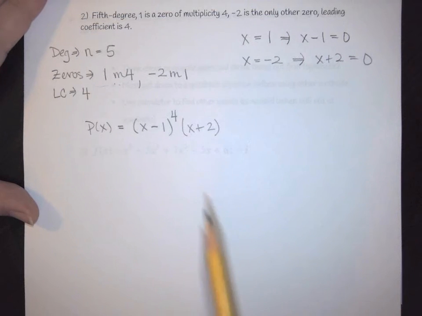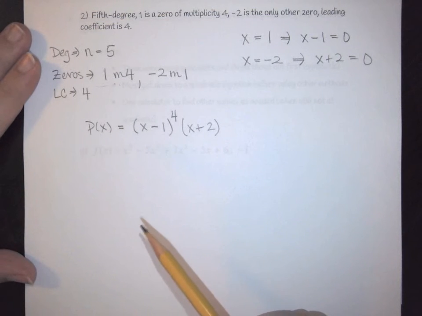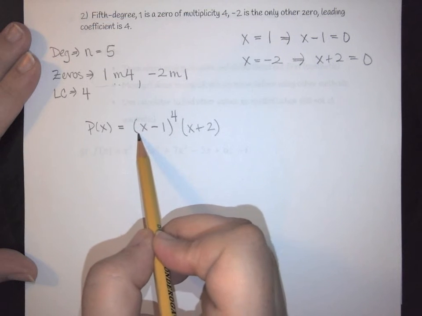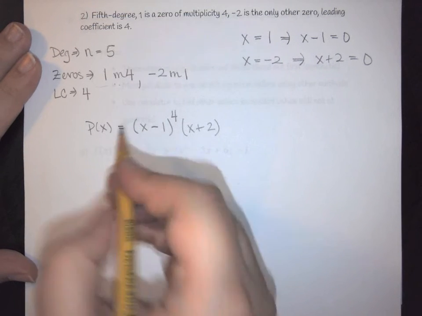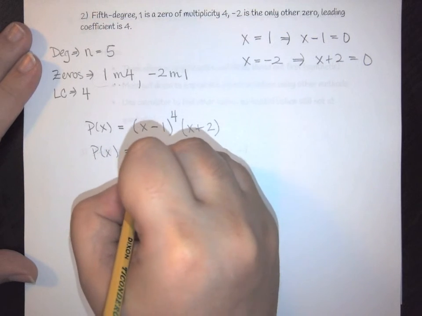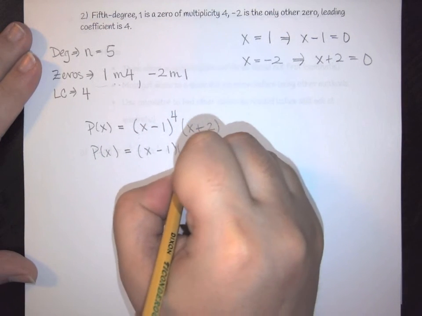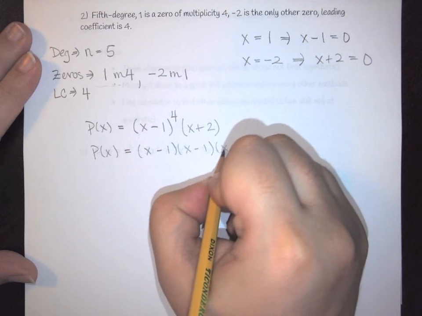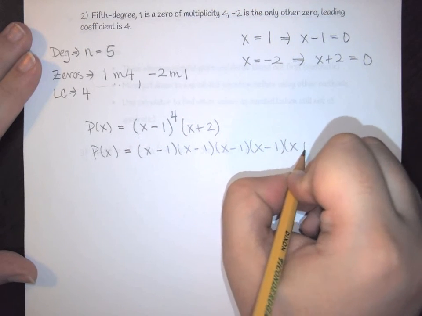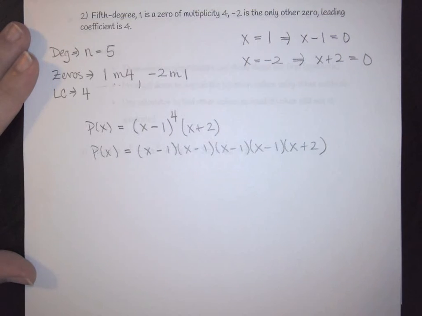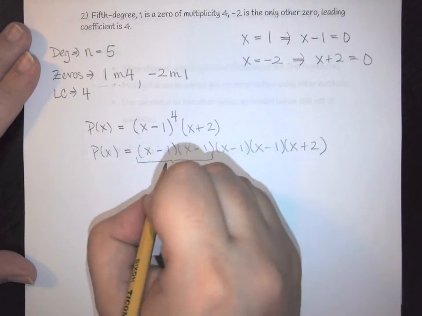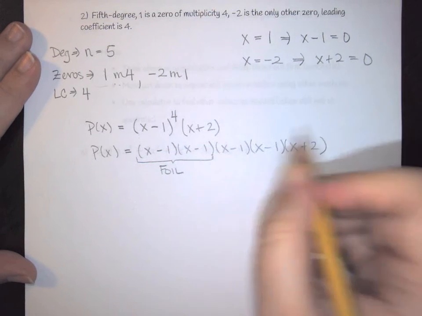Okay. So now we need to multiply all of this out. So you're going to essentially do a lot of foiling. So remember, when you have to the 4th power, that is the same as looking at x minus 1 times x minus 1 times x minus 1 times x minus 1 times the x plus 2. So what I would do is I would multiply these together through FOIL.